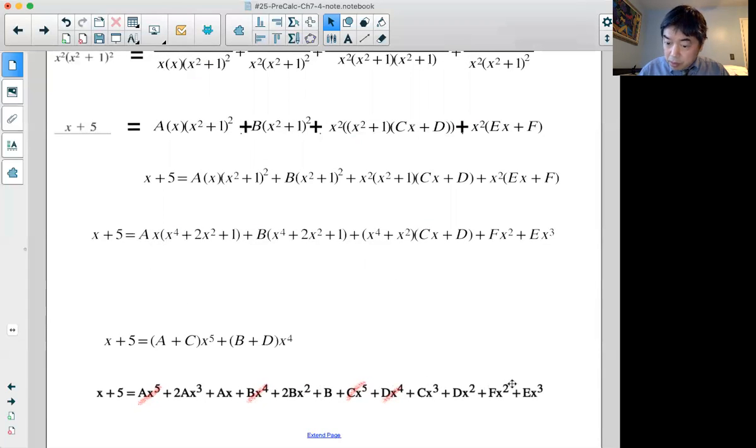Now it's a third power. It's there, 1, 2, 3. I see it. So 2a plus C plus E, right?